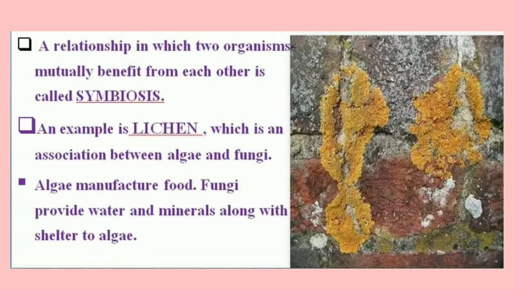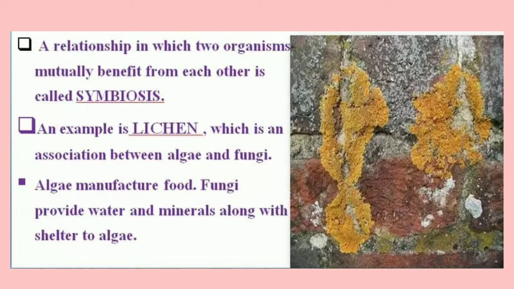Now what is a symbiotic nutrition? A relationship in which two organisms mutually benefit from each other is called symbiosis. So, in some cases, two or more than two different types of plants live together to fulfill their needs of nutrition, protection, support, etc. with each other's help.